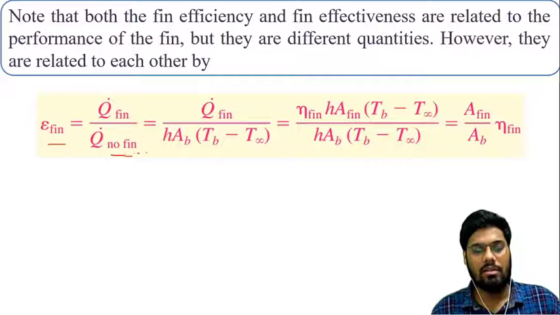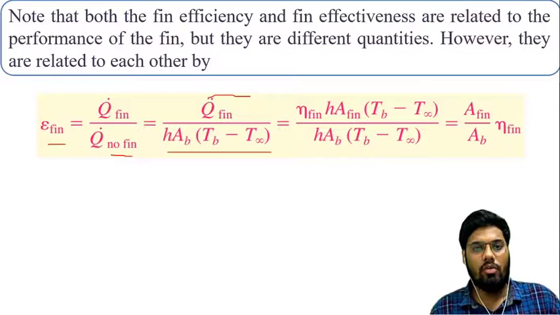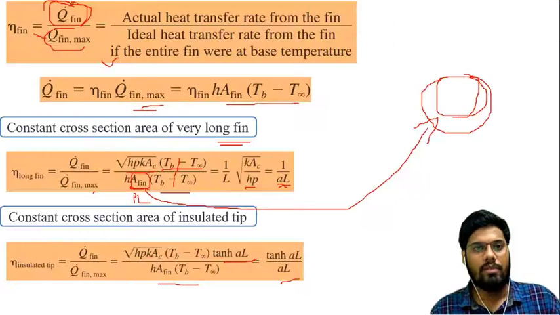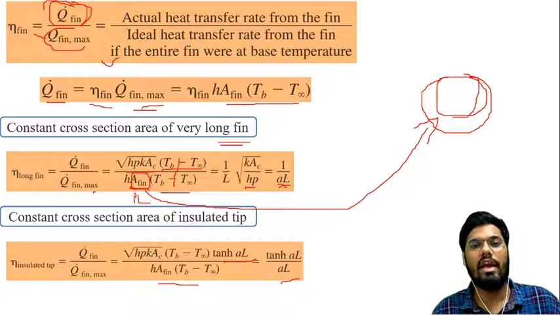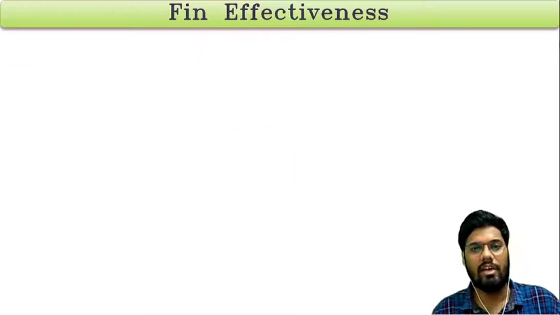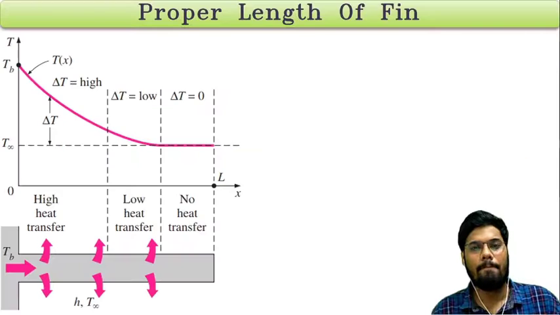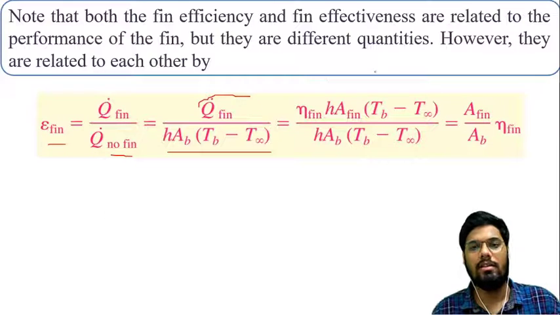We can replace the heat transfer rate without fin by h A_b (TB minus T infinity), and we know that Q fin can be written as efficiency of fin times h A_fin (TB minus T infinity). So instead of heat transfer rate with fin, we can replace efficiency of fin times h A_fin (TB minus T infinity).